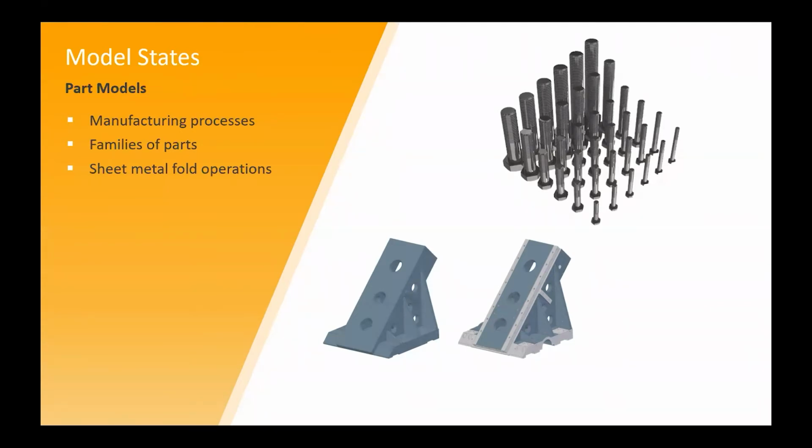Also, I guess we could use this for sheet metal. So if you're bending some bracketry or something in a sheet metal type situation, we could use model states to show our sheet metal components in various states of being bent to become the final part. So for various of those processes. I guess one other area that this could be used is in weldments.